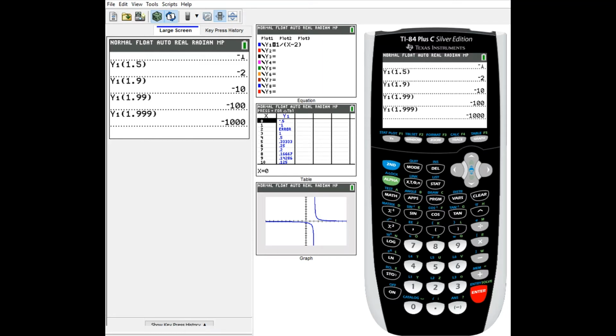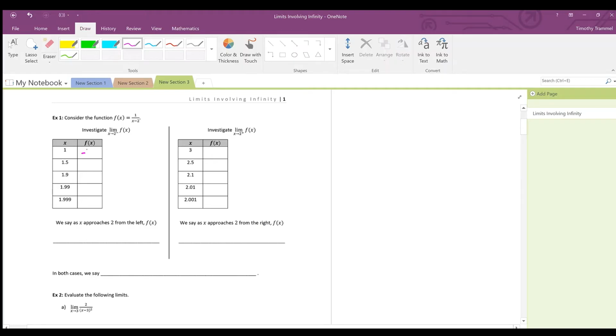So let's switch back over to OneNote here. We'll fill out this table and we'll talk about some terminology. Now that we have our table all filled out, let's try and describe what's going on here in words. We say as x approaches 2 from the left, f of x decreases without bound.